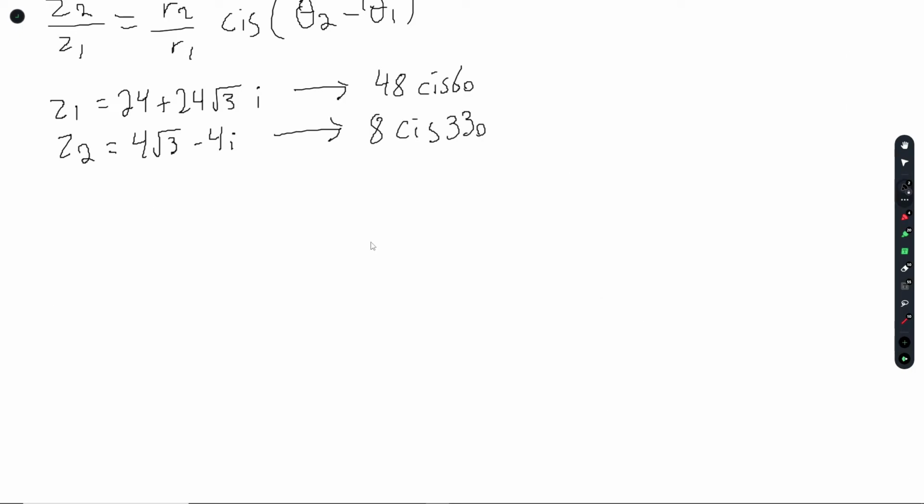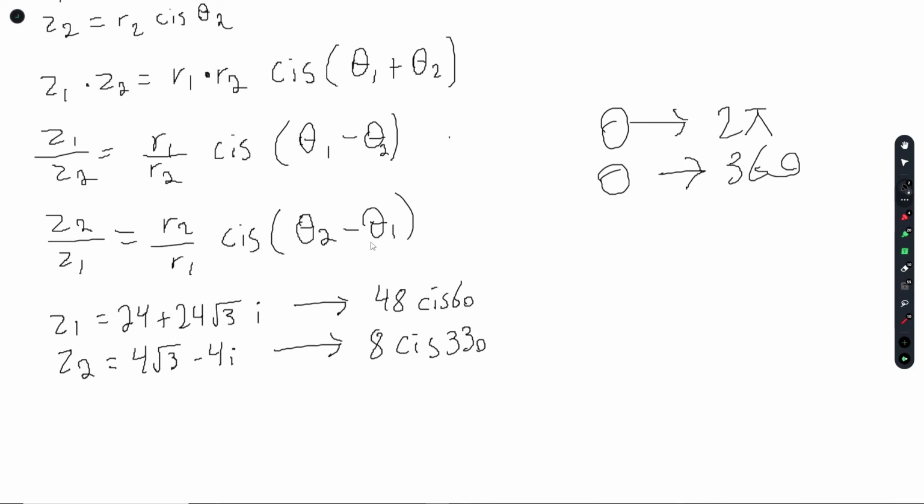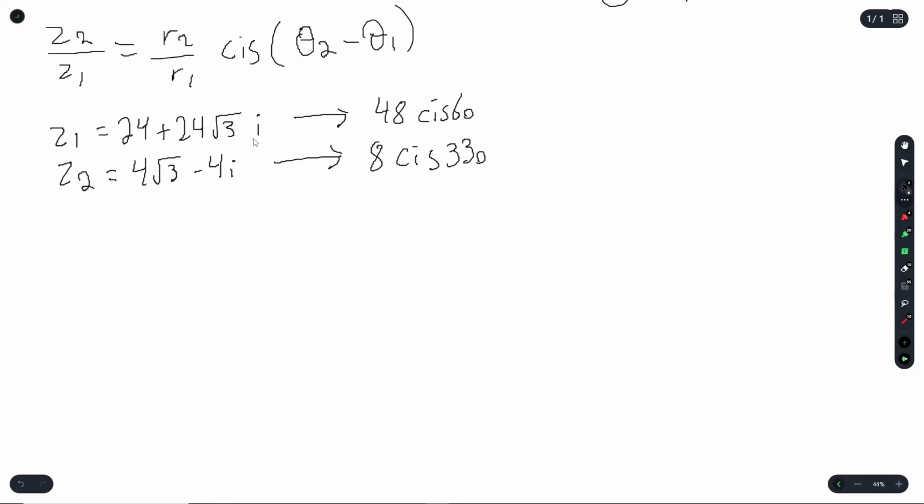Okay, now we multiply them and divide them. So back to our formulas. We have z1 times z2 is r1 times r2, and then we add the thetas. So z1 times z2 is equal to r1, which is 48, times r2, which is 8. Then cis 60 plus 330.